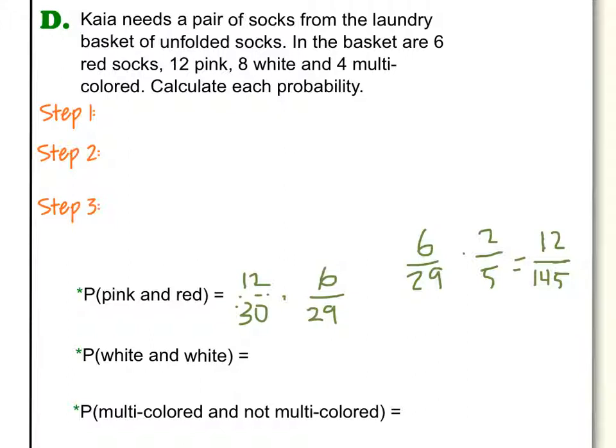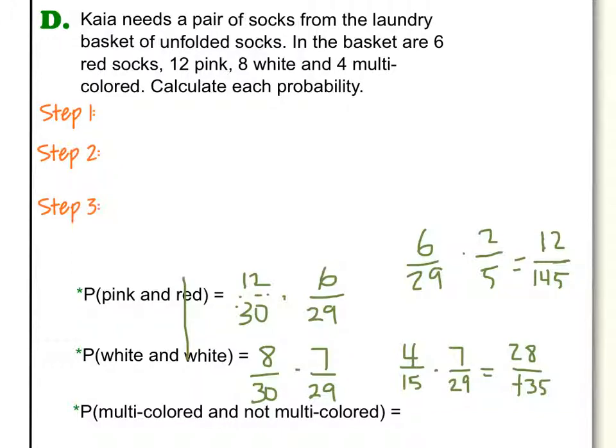Alright, so let's try the last two here. What's the probability it's white and white? Well, there were 8 white out of 30, and then we took 1 white out, so there's 7 out of 29 left over. Again, I would try to reduce down. 8 over 30, they're both divisible by 2, so we would have 4 over 15 times 7 over 29, and then you get 28 for 4 times 7. 15 times 29 gives us a grand total of 435.